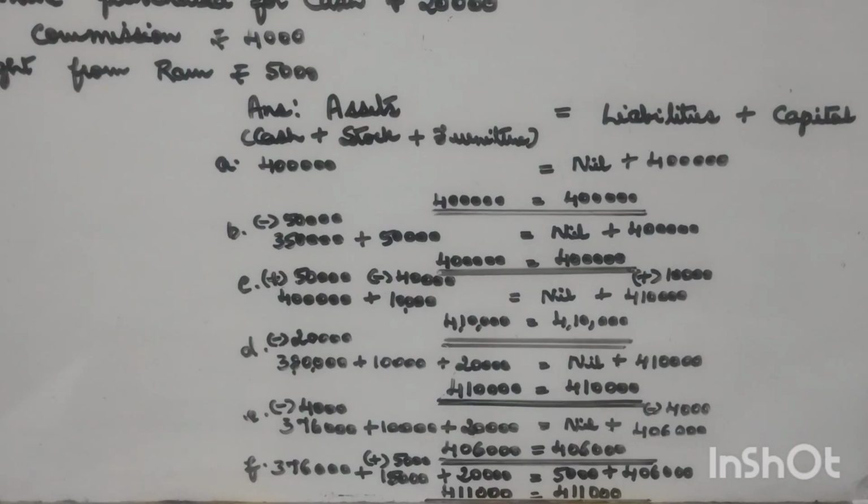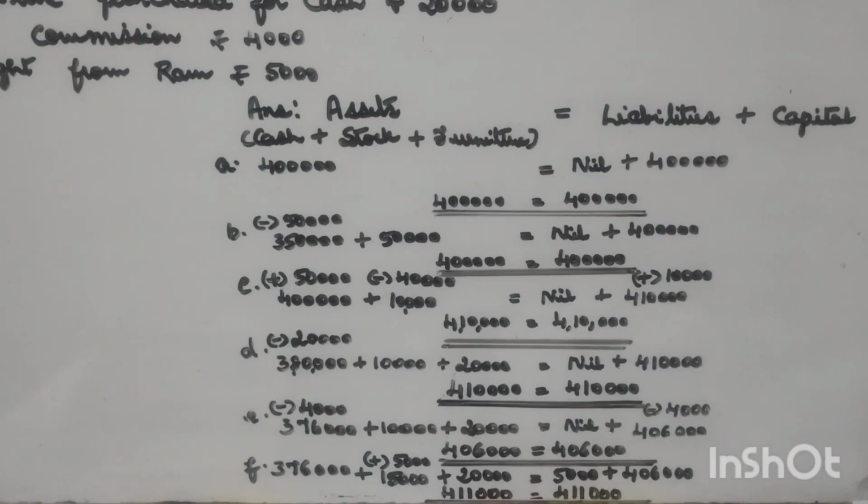So the third transaction is based on the second transaction. Present worth of cash is 3,50,000. So cash has arrived, so 50,000 has to be added.